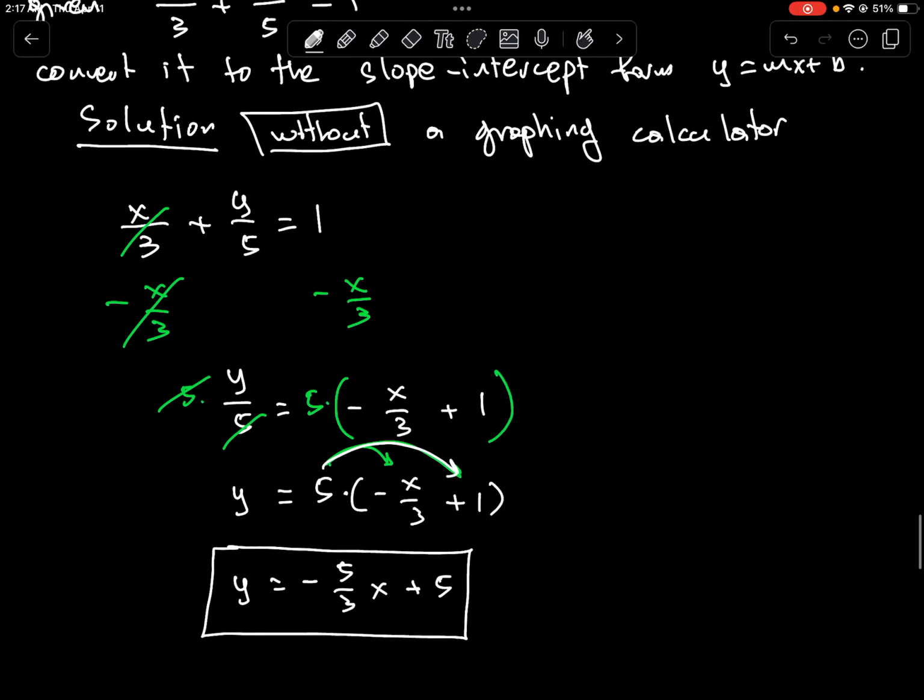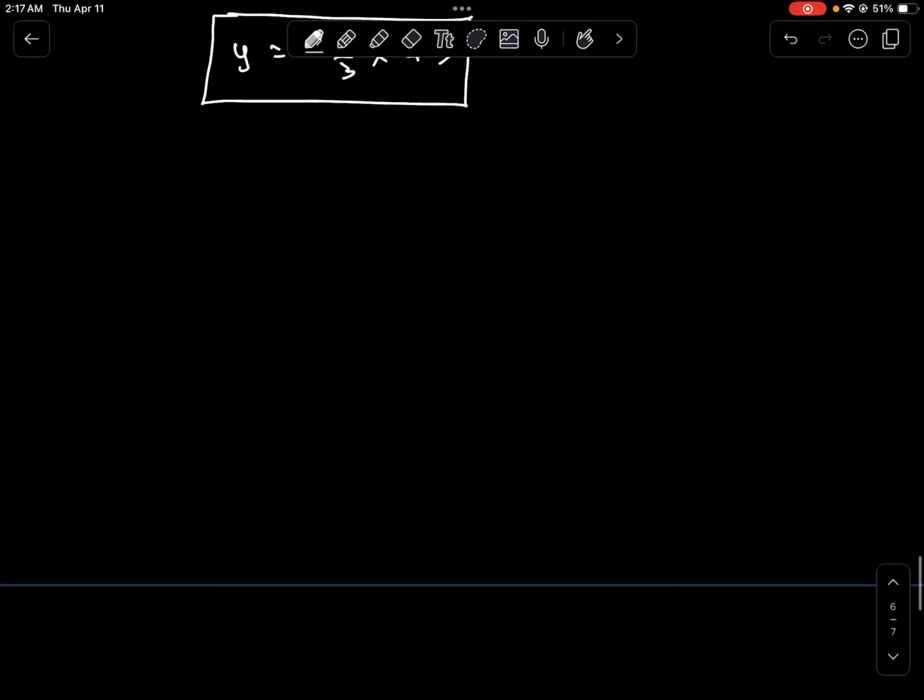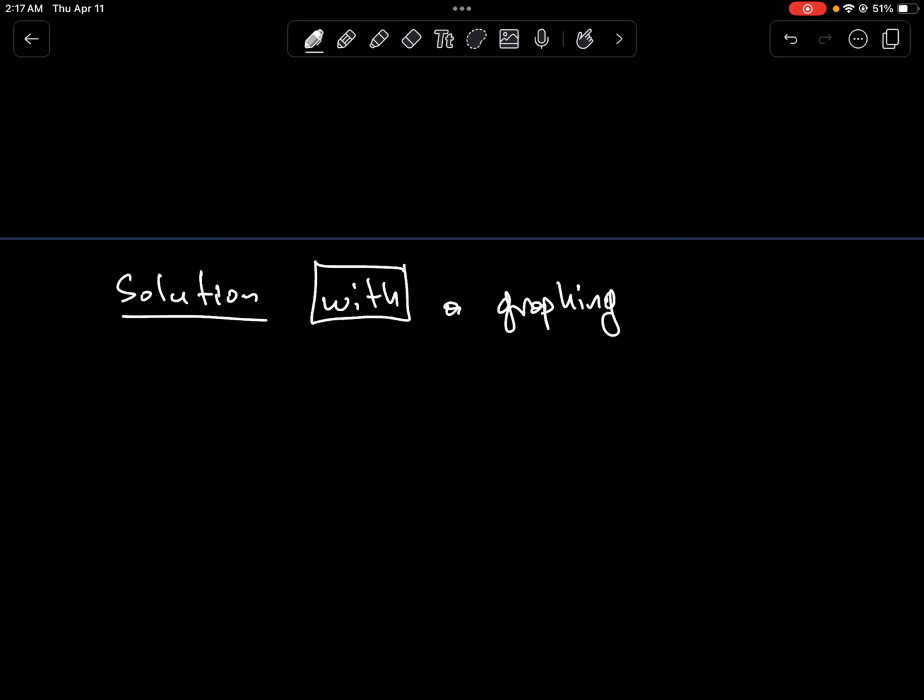Okay, that is without the graphing calculator. Now let's do the solution with a graphing calculator. See how much work we save, and if we get the same answer, and get some practice on that method with a graphing calculator.